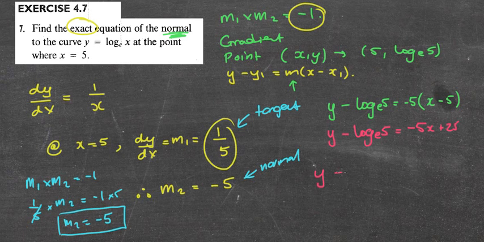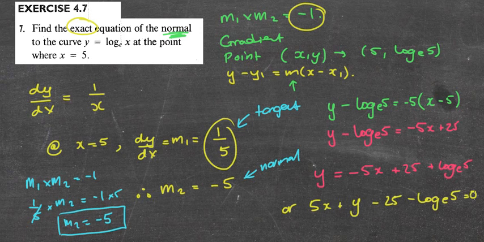So y equals negative 5x plus 25 plus log e 5. Or if you really want the general form, we can put everything to the left-hand side because we want to have a positive x value. So 5x plus y minus 25 minus log e 5 equals 0.